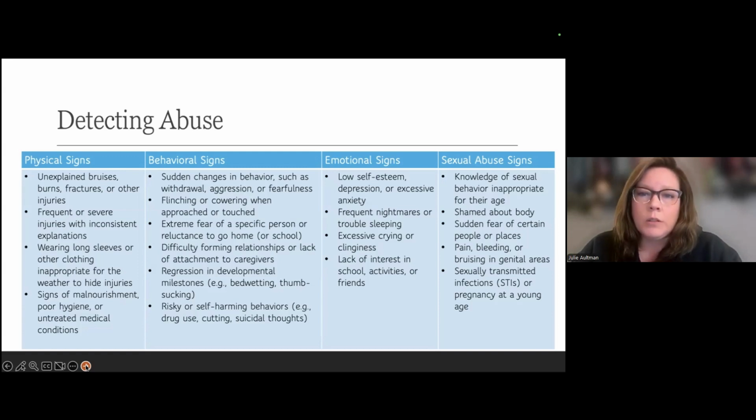Some of the emotional signs are frequent nightmares, trouble sleeping, lack of interest in school activities or friends when that interest did exist at one time.